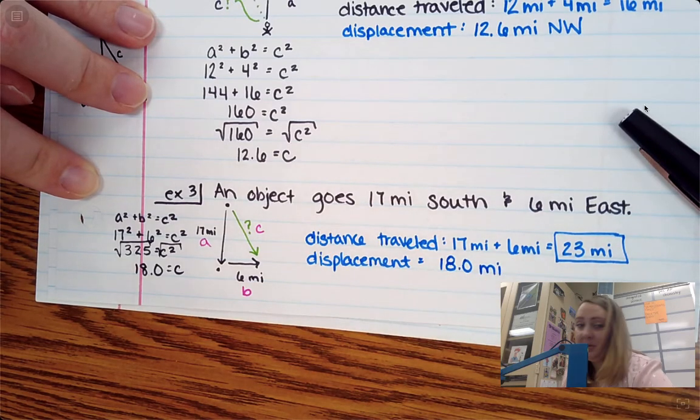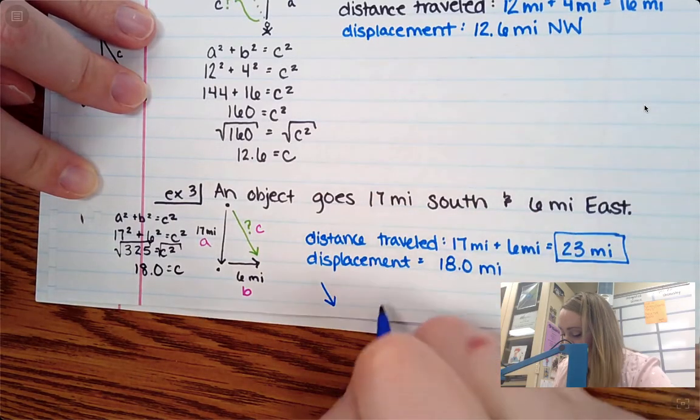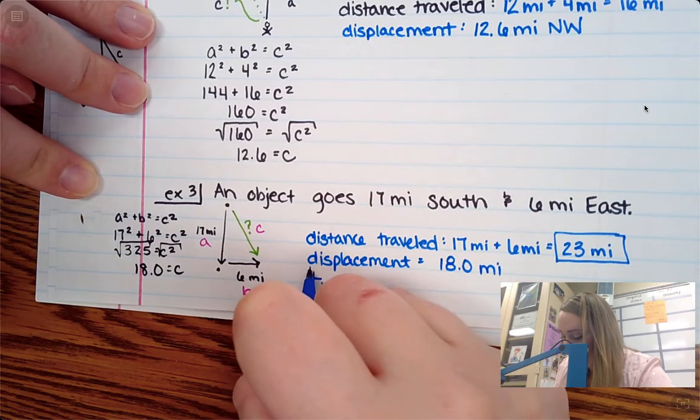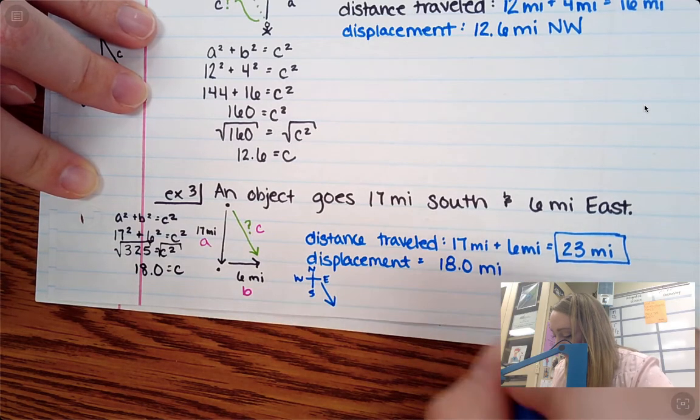And did you remember to put the direction this way? And if you need to draw a compass, go ahead and draw it. Looks like southeast.